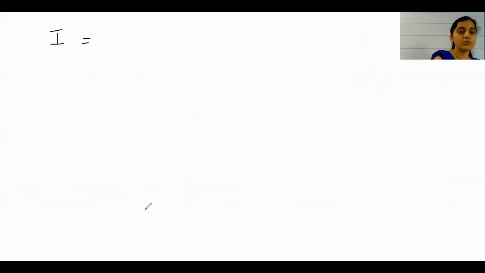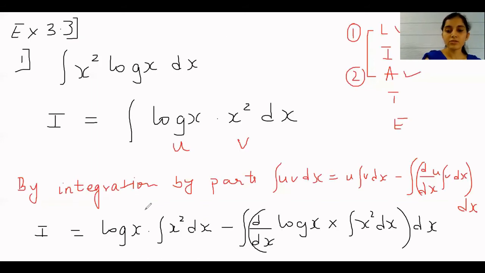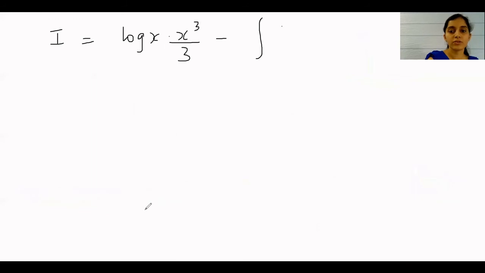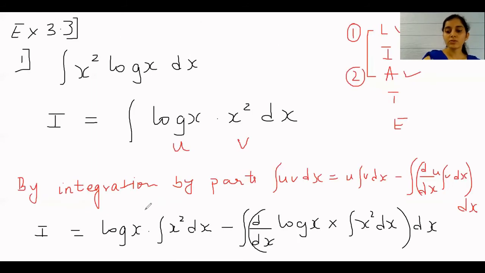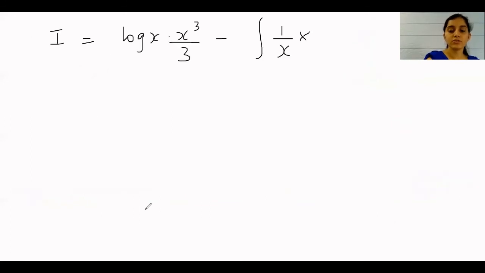Okay, so what will be the answer? I will be equal to log of x into x cube upon 3, minus integration of d by dx of log of x, which is 1 by x, into integration of x square dx, which is x cube upon 3, dx. Okay, this will get cancelled.